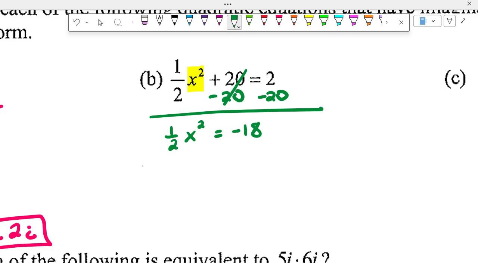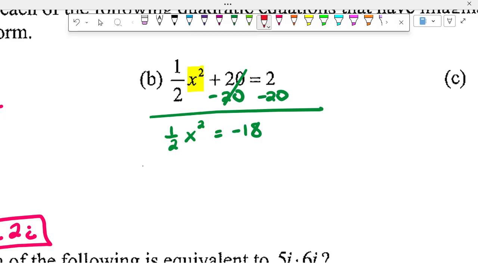1/2 x squared. Who remembers how I get rid of a fraction when you're trying to solve an equation? You multiply by its reciprocal. Good. What does reciprocal mean?